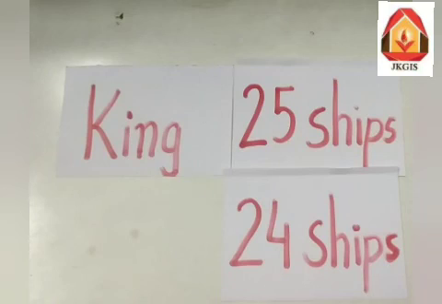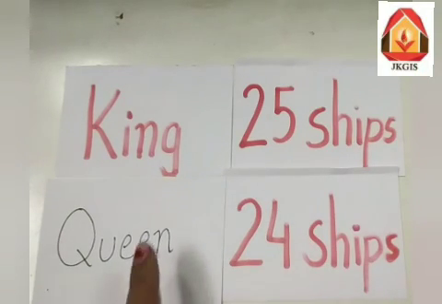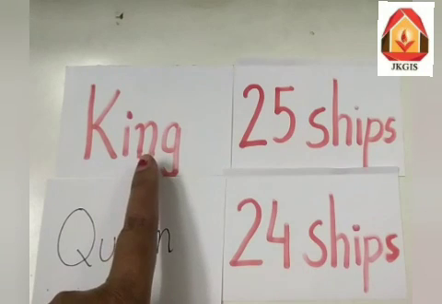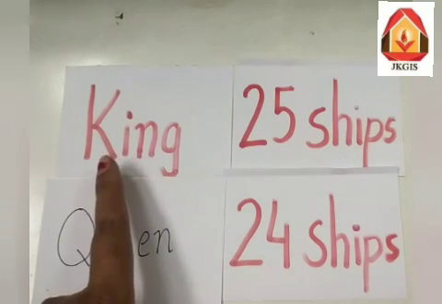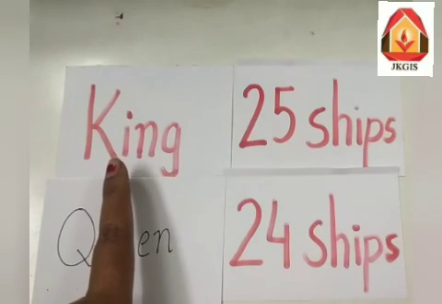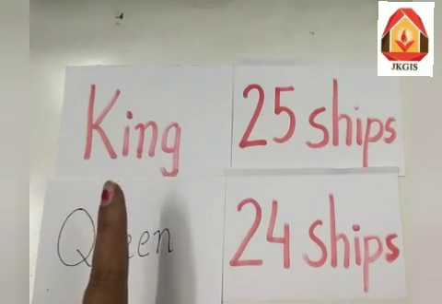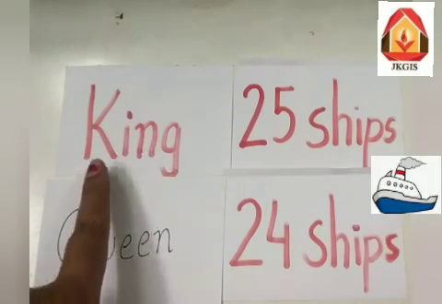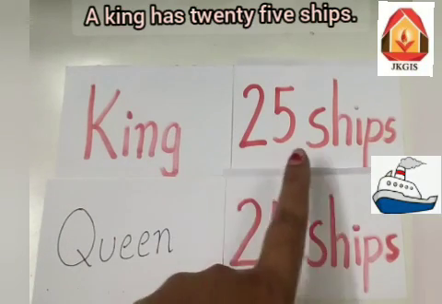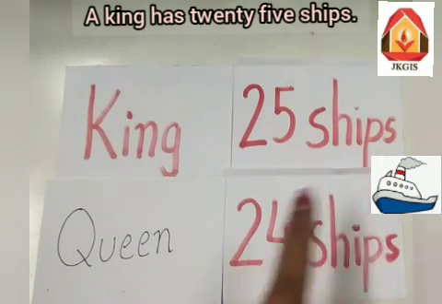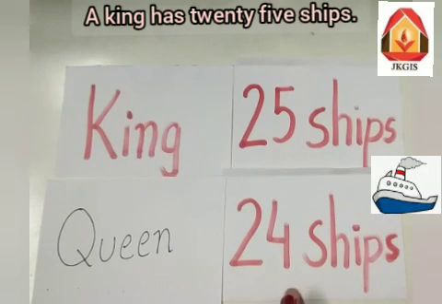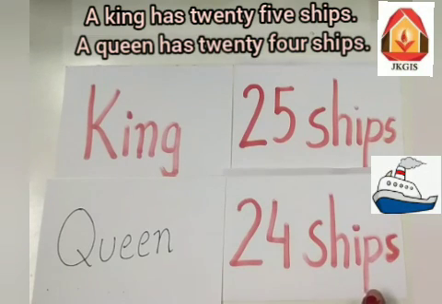Can you tell me what is the opposite gender for king? Yes, it is queen. So here, for a king, we will use the article a, because a king is not in our relations, so we will not use my. A king has 25 ships. A queen has 24 ships.